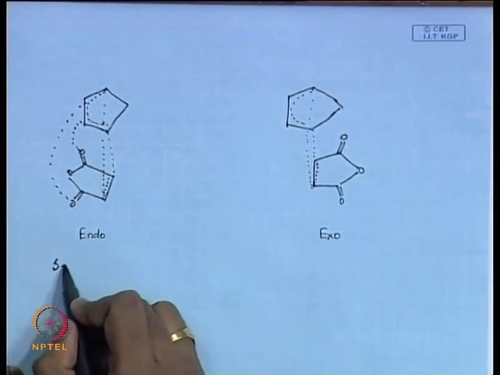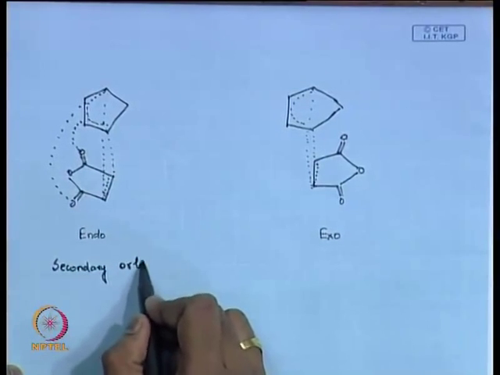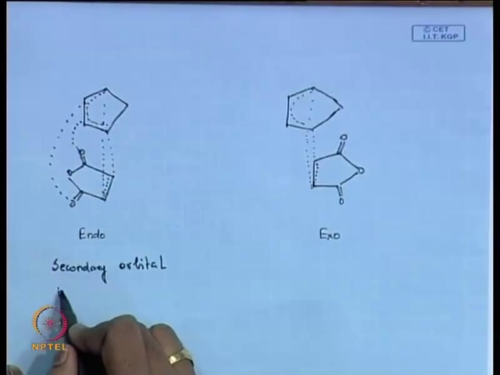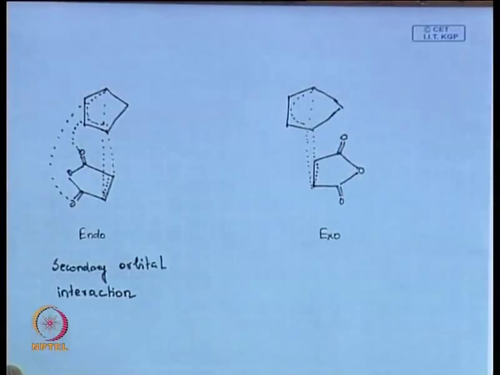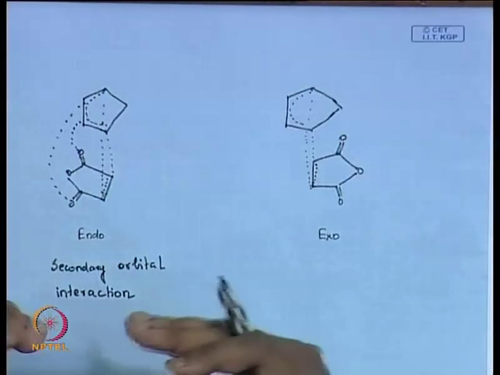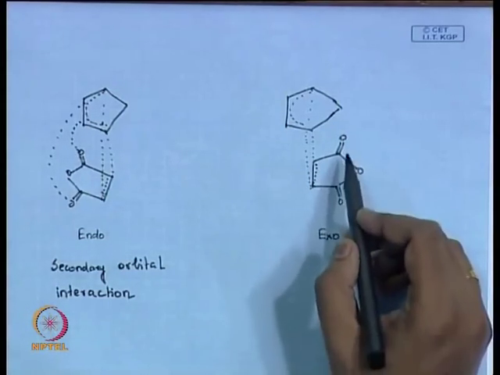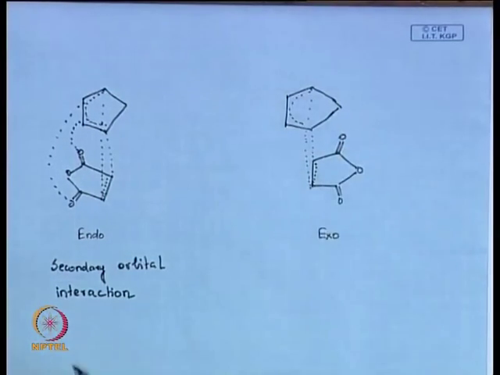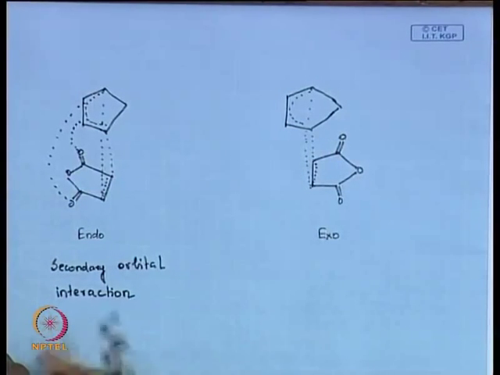You have a secondary orbital interaction, and this stabilizes your transition state. In this case you cannot have that. That is why we say that the endo has a selectivity across your exo when you talk about the Diels-Alder reaction. Endo is much more favored because of the secondary orbital interaction.